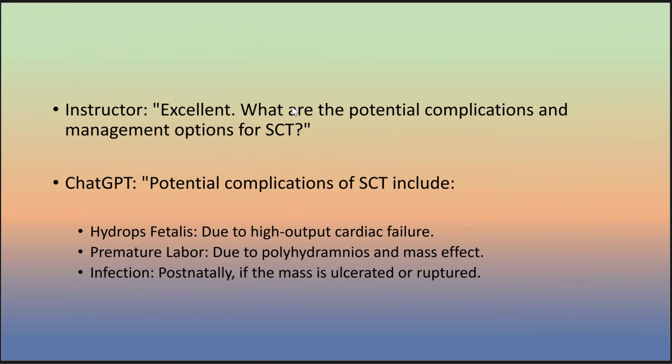Instructor: excellent. What are the potential complications and management options for sacrococcygeal teratoma? ChatGPT: potential complications include hydrops fetalis due to high output cardiac failure, premature labor due to polyhydramnios and mass effect, and infection postnatally if the mass is ulcerated or ruptured.